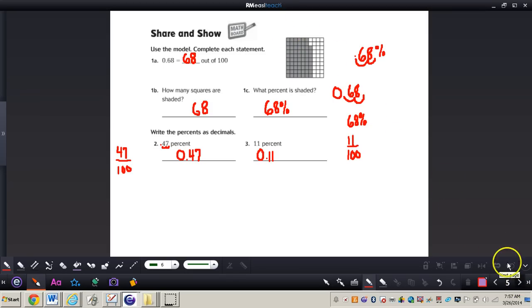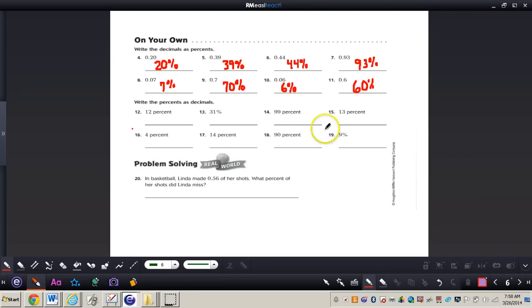So 7 tenths would look like this: 1, 2, 3, 4, 5, 6, 7 total columns shaded in. So we know 7 tenths actually does mean 70 hundredths as well, if you put a 0 at the end of that.